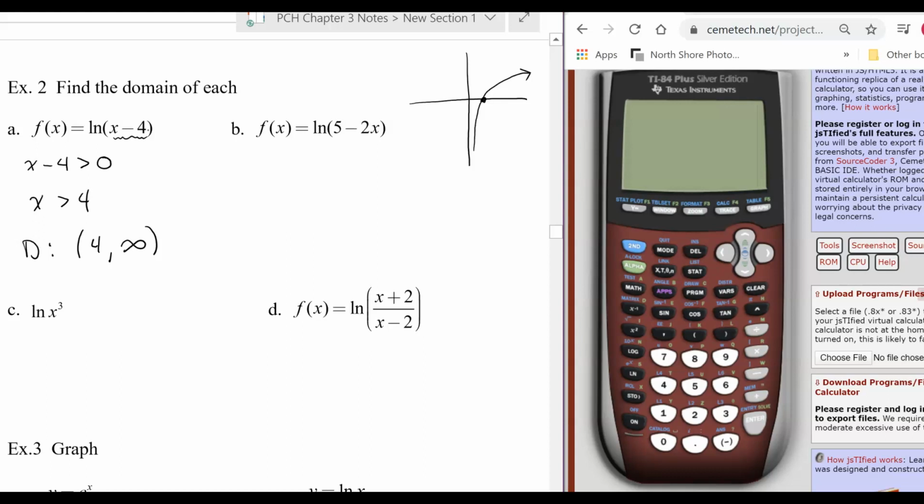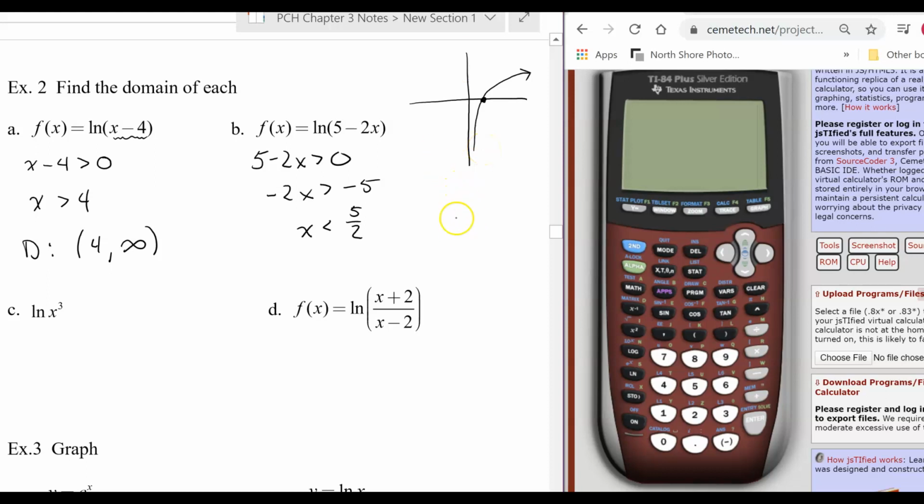For part B, we know that 5 minus 2x has to be greater than 0. So negative 2x is greater than negative 5, and x has to be less than 5/2. If we took a look at the graph of this, it's actually going to be flipped over the y-axis.